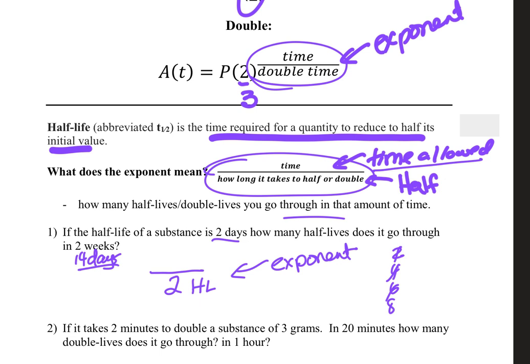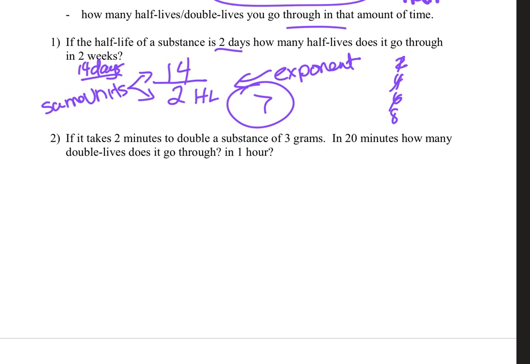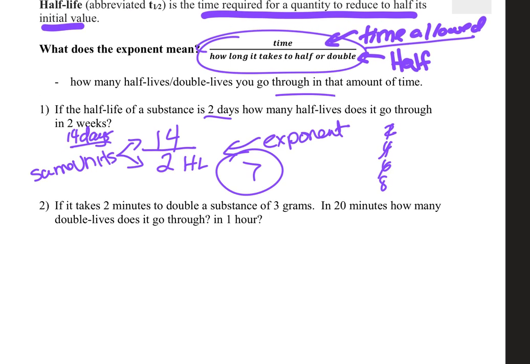Now, these two both have to be in the same units. So it would be 14 days over 2 days, so it's 7 half-lives that went through. That's an example of how that exponent is found and why it is what it is. So 7 half-lives is what we're raising it to.